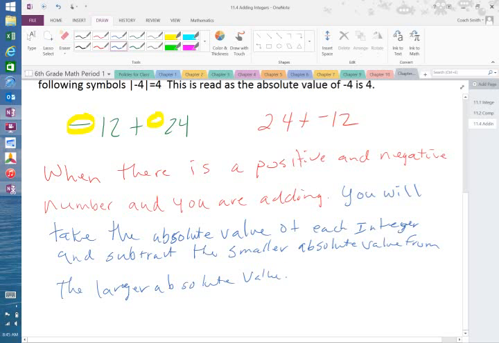Okay? Probably should have typed that out too, but I wrote it out in handwriting, so you'll just have to decipher my scribble.